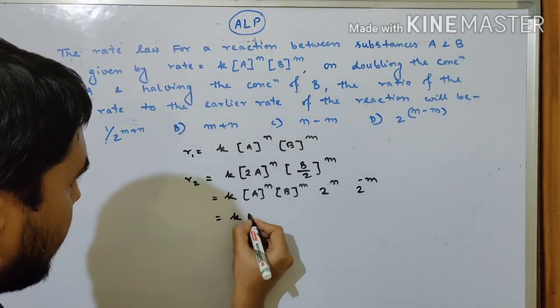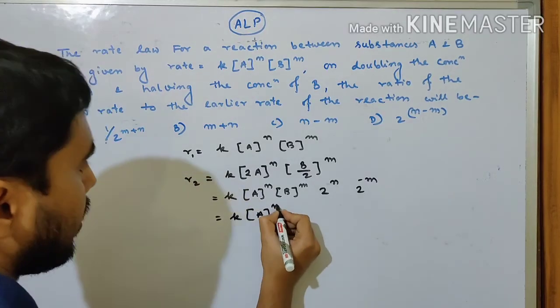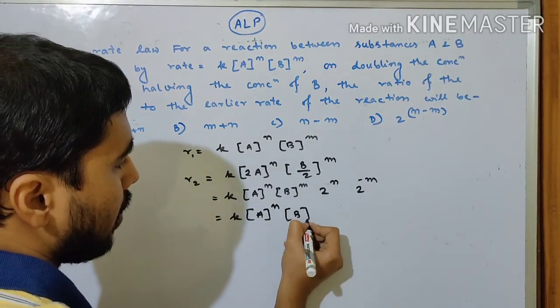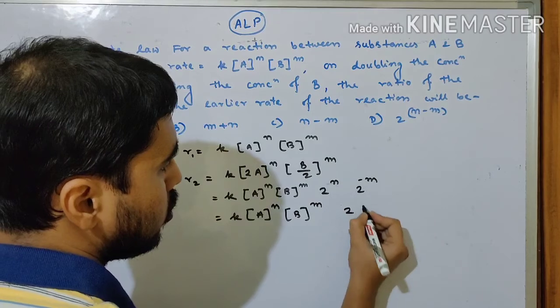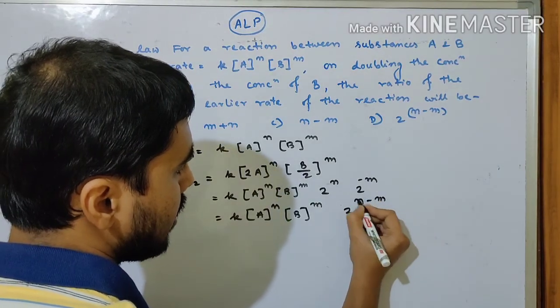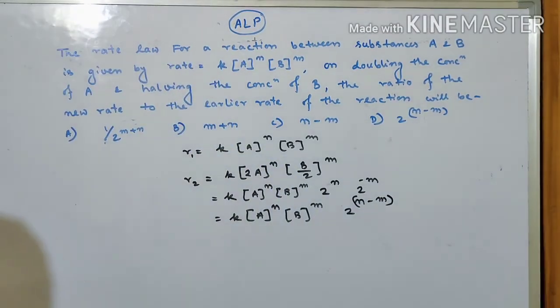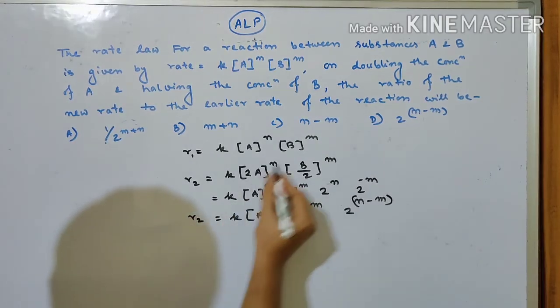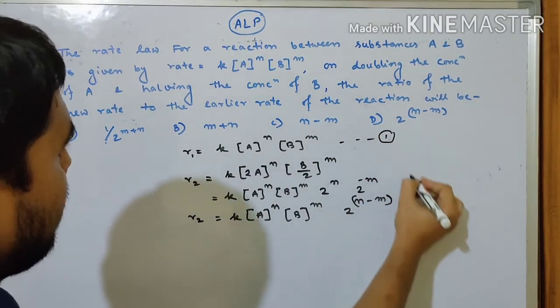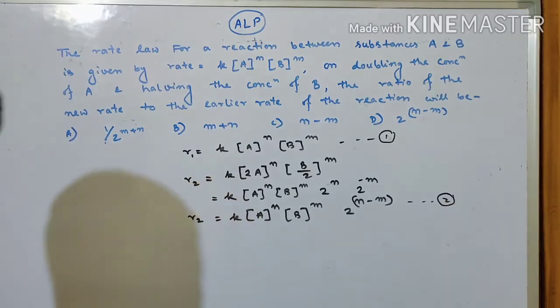So what we can write? K a to the power n, b to the power m, 2 to the power n minus n. So this is R2. So this is equation number 1 and it is equation number 2.